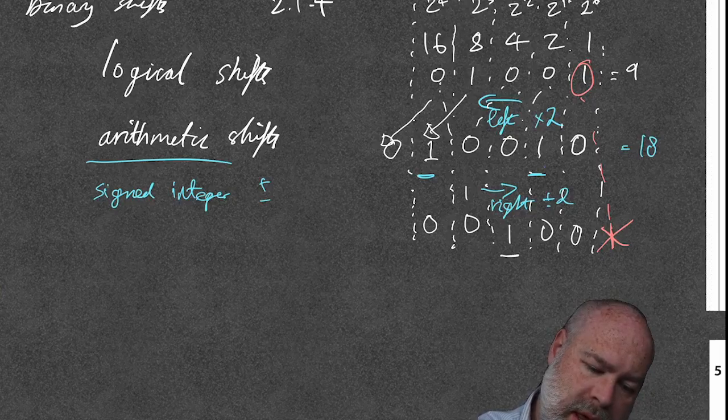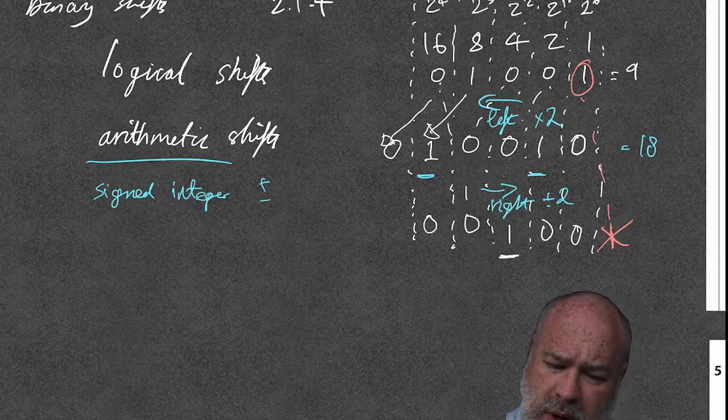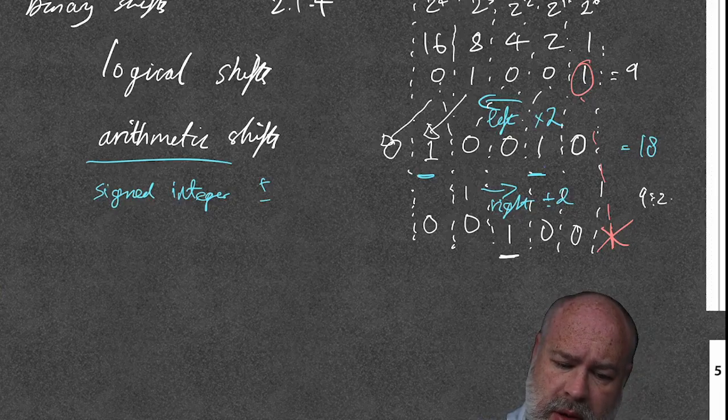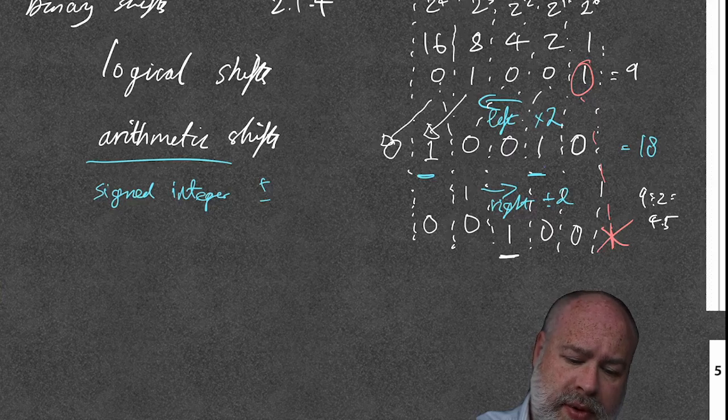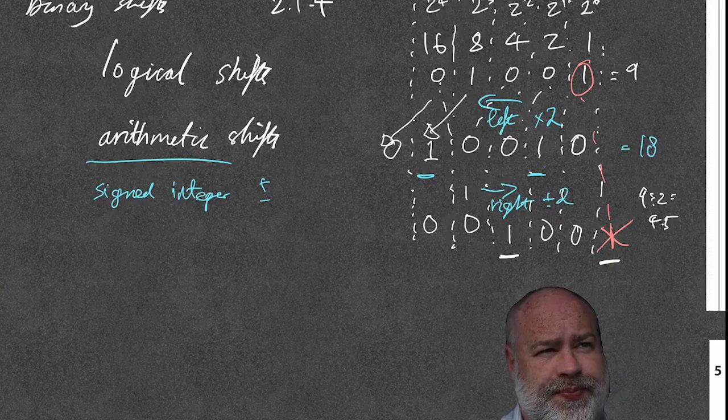What is this column worth? Well, it's just worth 4. And we would expect 9 divided by 2 to equal 4.5, wouldn't we? But because we've lost a bit of information, we've only got the 4 left. So yes, it's a flawed way of dividing.